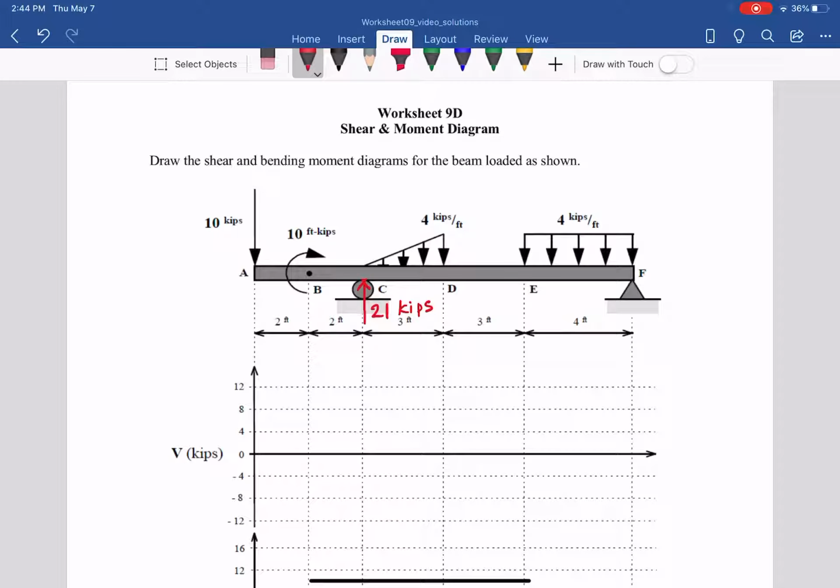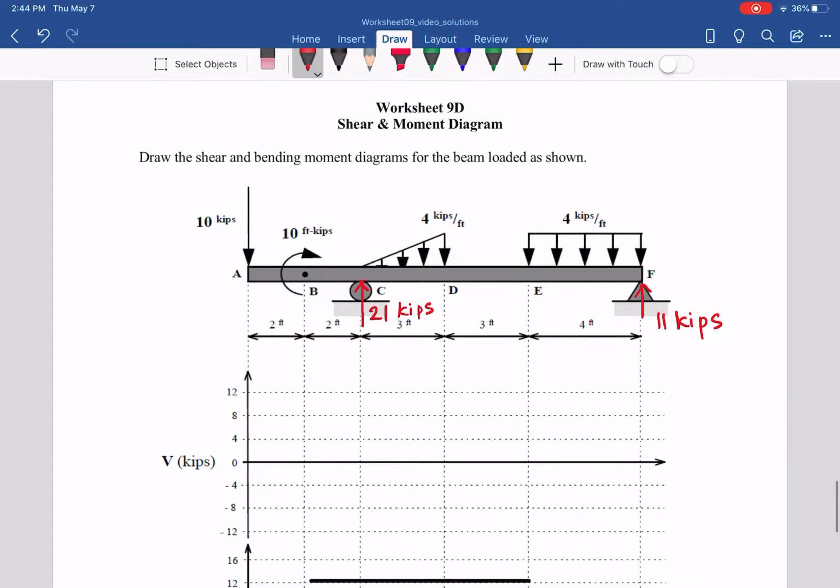Similarly, if you sum all the forces in the y direction, after finding C, the reaction at F equals 11 kips. To make sure you did it correctly, you can even take moment about C to see if the reaction at F equals 11 kips. And of course, the horizontal reaction at F equals 0. There is no horizontal load applied on this beam.